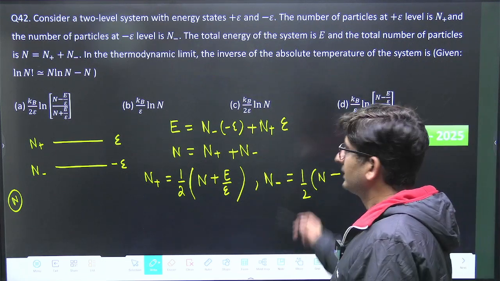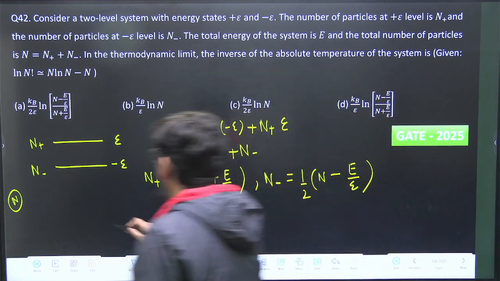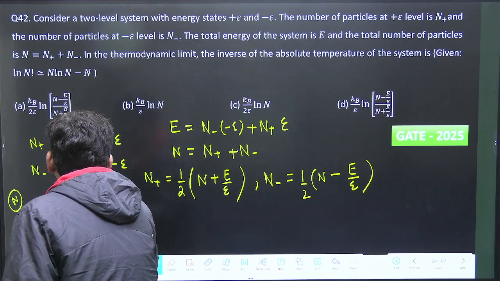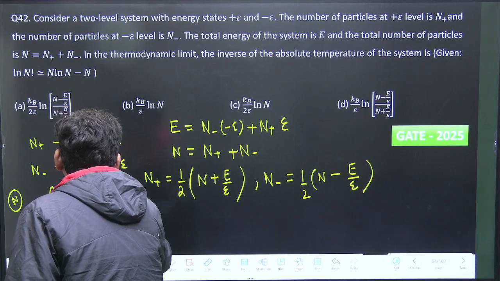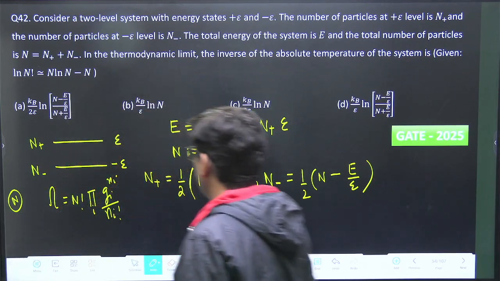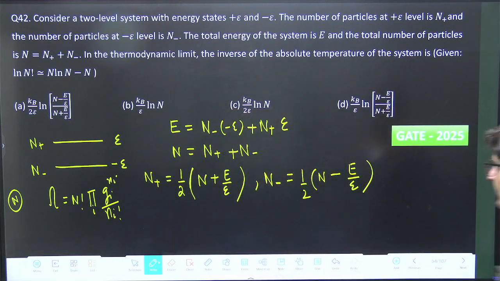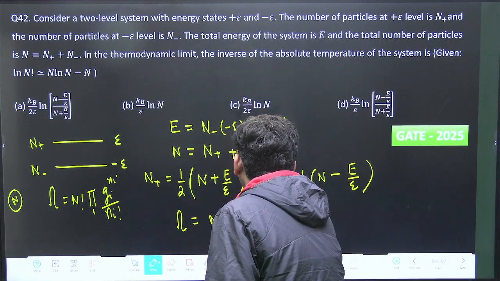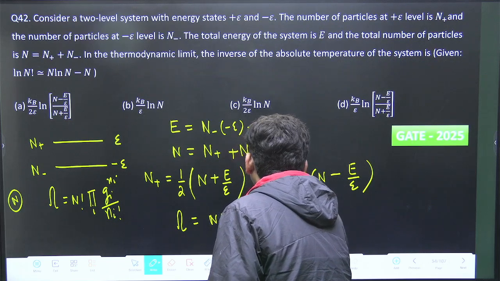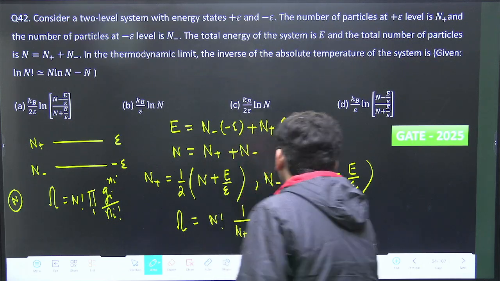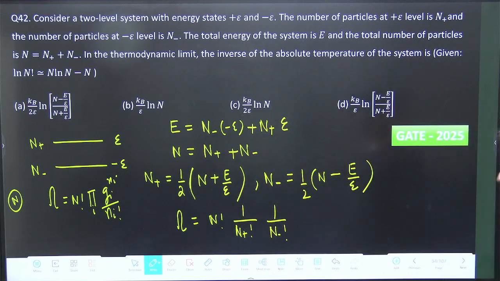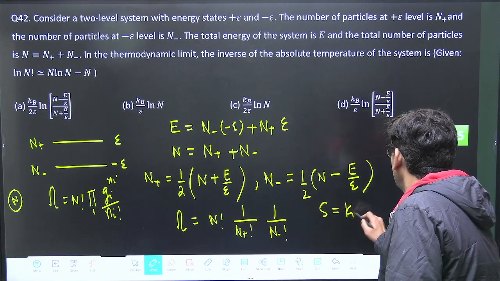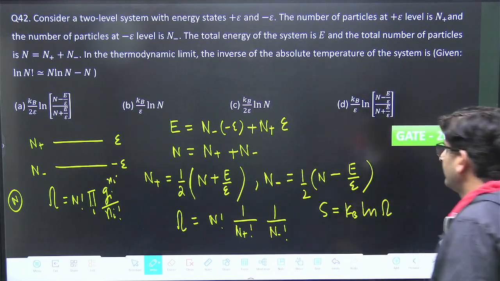Now, because it is a totally classical distribution, omega you know is n factorial product over i of g_i to the power n_i by n_i factorial. Because it is only a two level system, omega will be given by n factorial into 1 upon n plus factorial into 1 upon n minus factorial, because degeneracy is 1 in both cases. Then S will become KB ln omega.